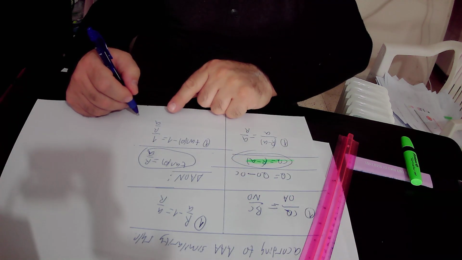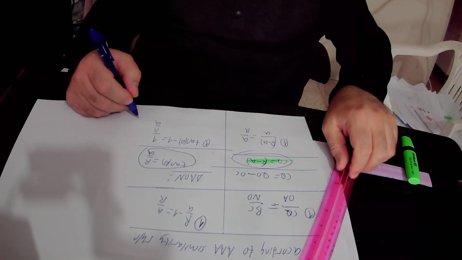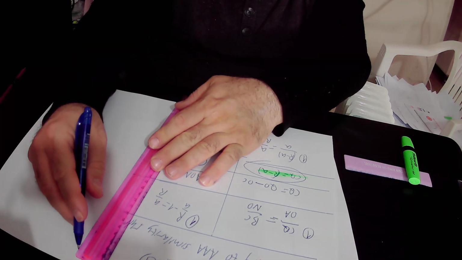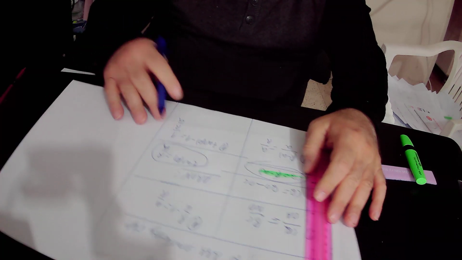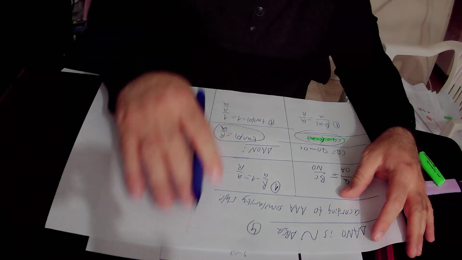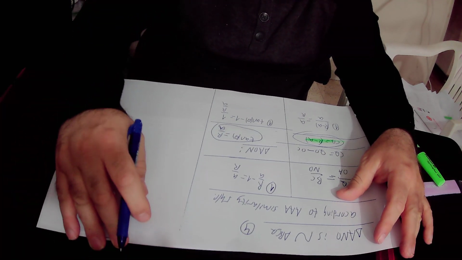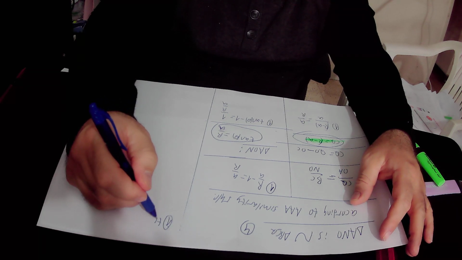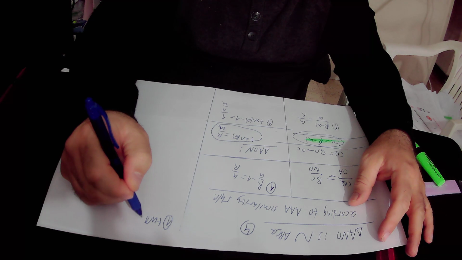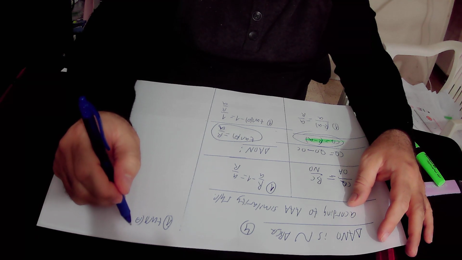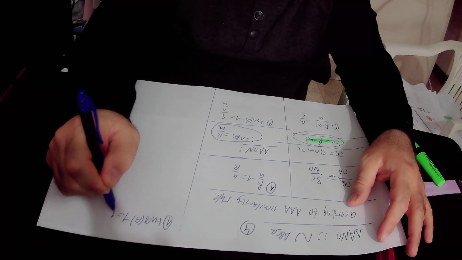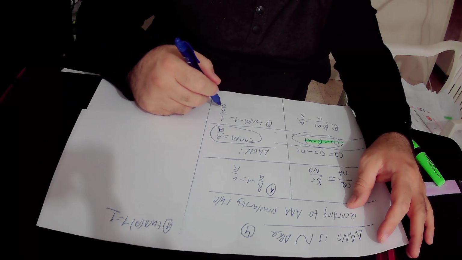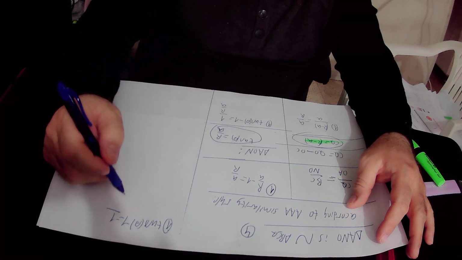So we substitute R over A by tangent theta, and we get tangent theta minus 1 equals 1 over tangent theta.